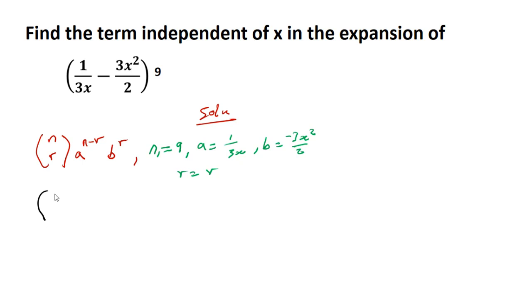After that, you replace n with 9, and r stays as r. Then a is 1 over 3x to the power 9 minus r, remember, where there is n you put 9. Then you multiply by negative 3x squared over 2 to the power r.